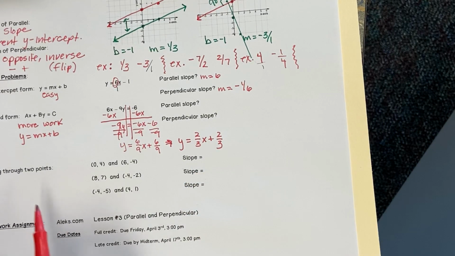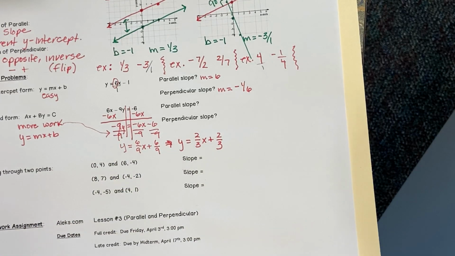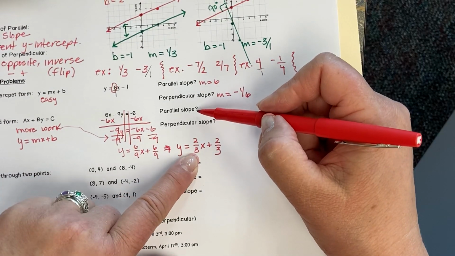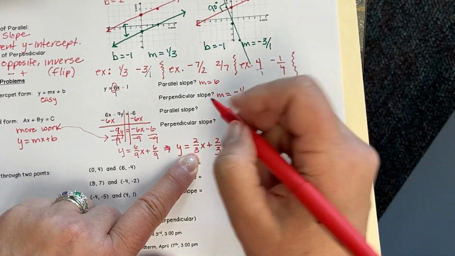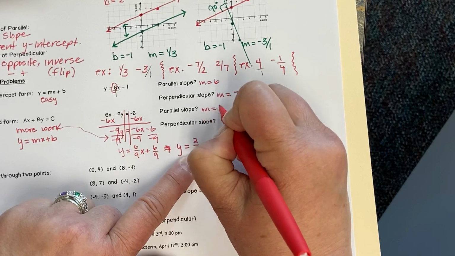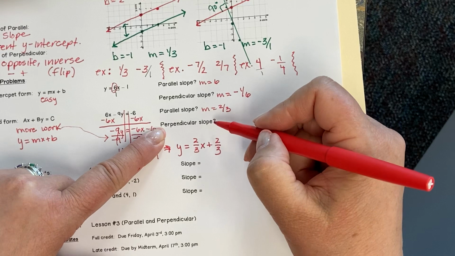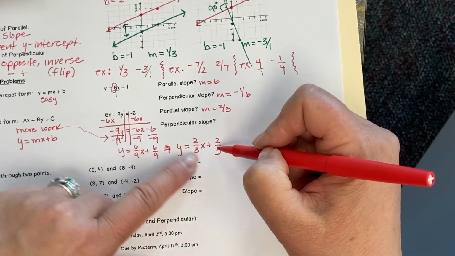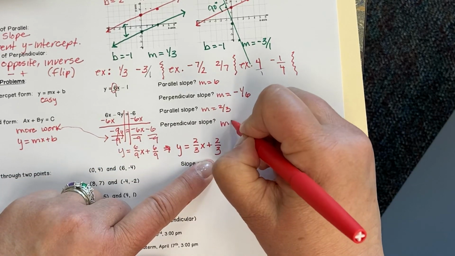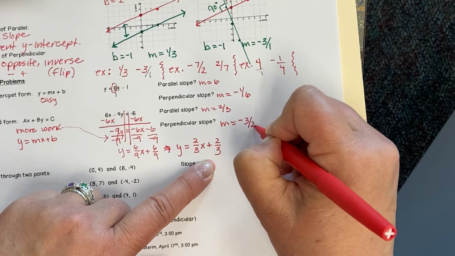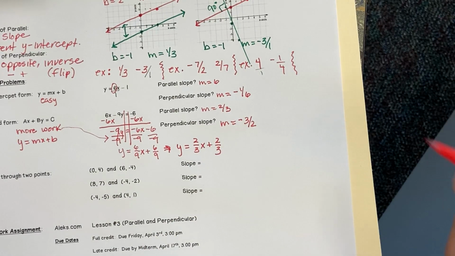So see, that's where you had to do a little bit more work because you had to switch it. All right, now what's the parallel slope? Well, it's exactly the same, 2 over 3. Perpendicular slope has to be an opposite inverse. This one's positive, so this one's negative, and then you have to flip it, 3 over 2. Okay, you'll have a few problems like that.